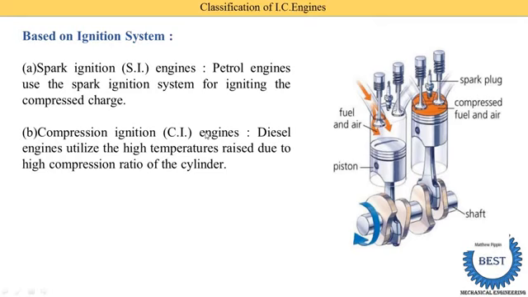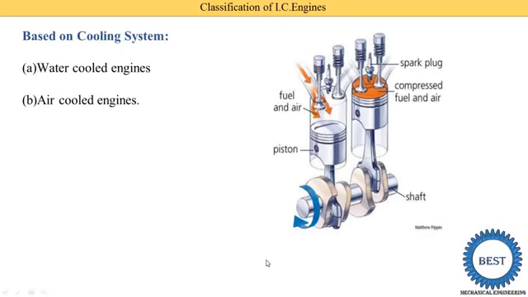Due to this high pressure and temperature after compression, the diesel is sprayed and ignites due to the high temperature of the compressed air. So in a diesel engine we do not need to create any spark, but in a petrol engine we require a spark plug. But right now, in SI engines also, a petrol spray type of injection system is available in the latest petrol engines. Next, based on the cooling system.